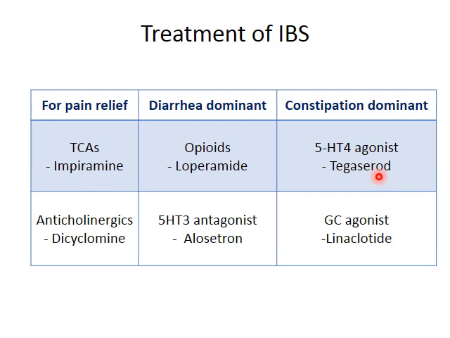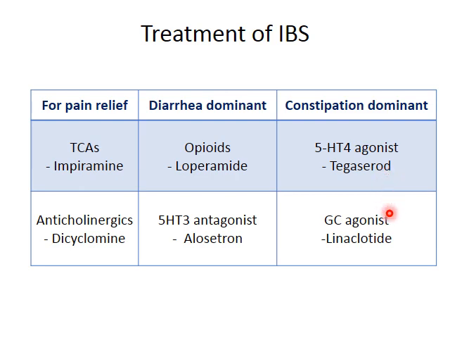When it is used for that purpose, cardiovascular side effects are associated. So the use of tegaserod has now been withdrawn from many countries for the treatment of irritable bowel syndrome.